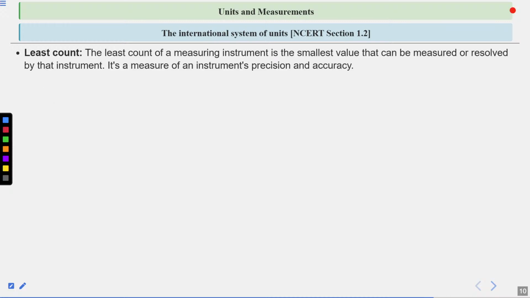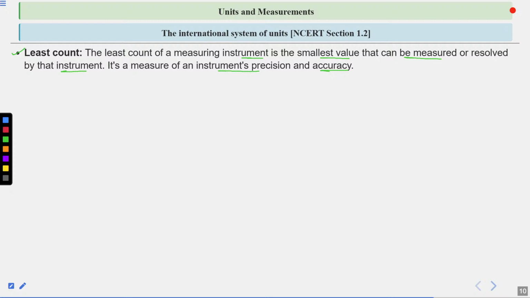So next is least count. Least count is a measuring instrument property. The least count of a measuring instrument is the smallest value that can be measured or resolved by that instrument. It is a measure of the instrument's precision and accuracy.